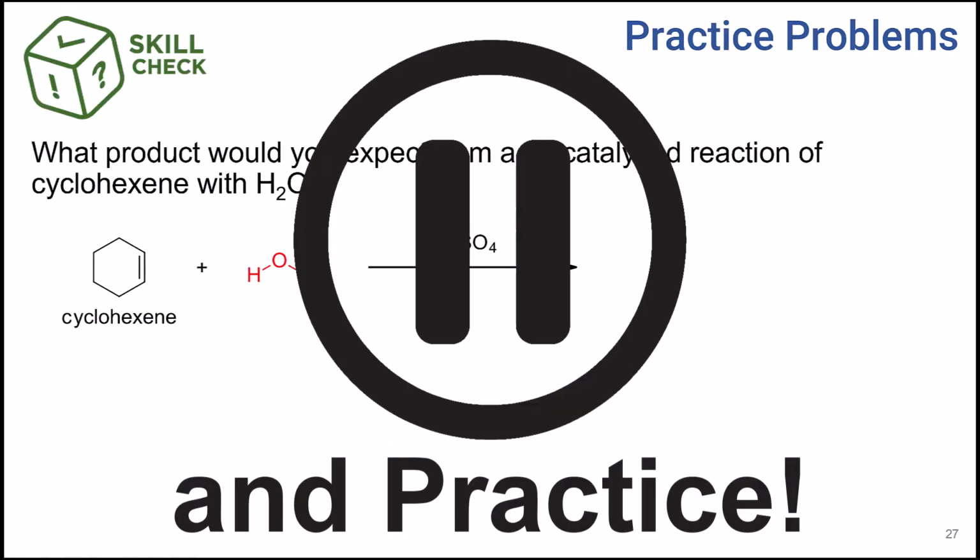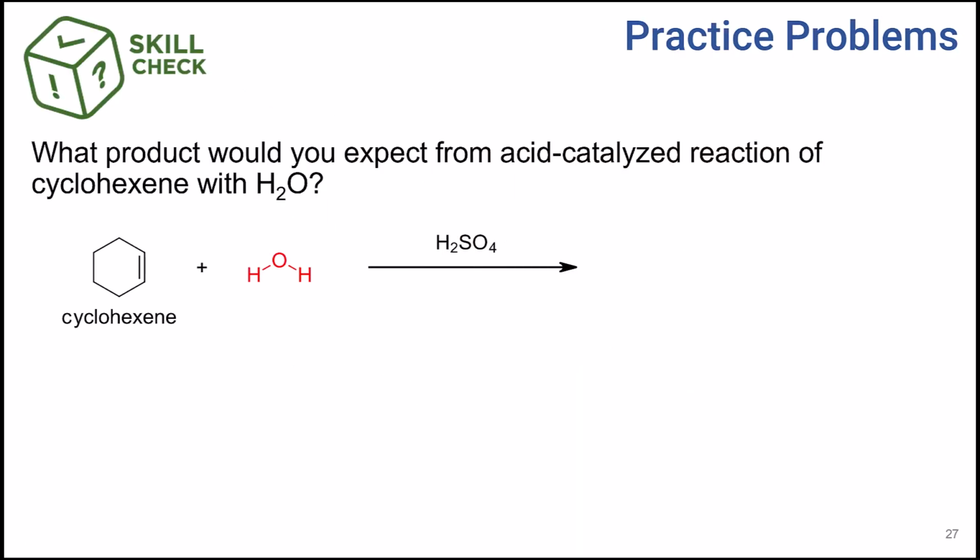So in this reaction, what product would you expect from acid catalyzed reaction of cyclohexene with water? And if we're drawing the mechanisms here, we have a proton transfer. So I'm going to abbreviate that plus minus H. So one carbon gets the hydrogen, the other gets the positive charge. And in the process of this grabbing the H, I also created OH minus.